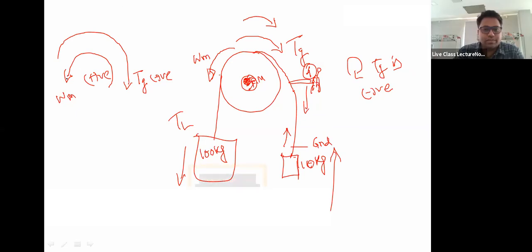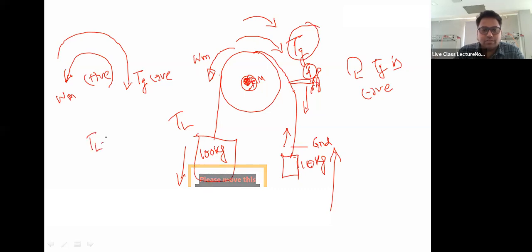So the speed of the motor has to be anti-clockwise, else how will the lift come up, right? But if you are not having this TG, then the lift will come up at a huge speed and it will be destroyed, right? So the speed of the empty cage has to be lowered by adding this TG, right?